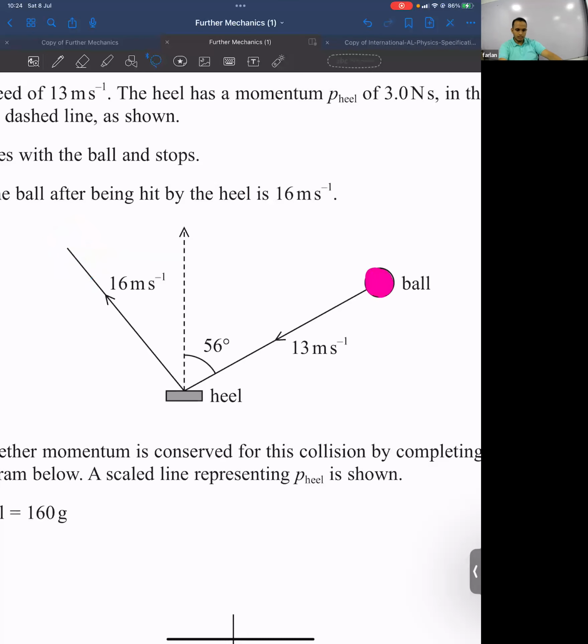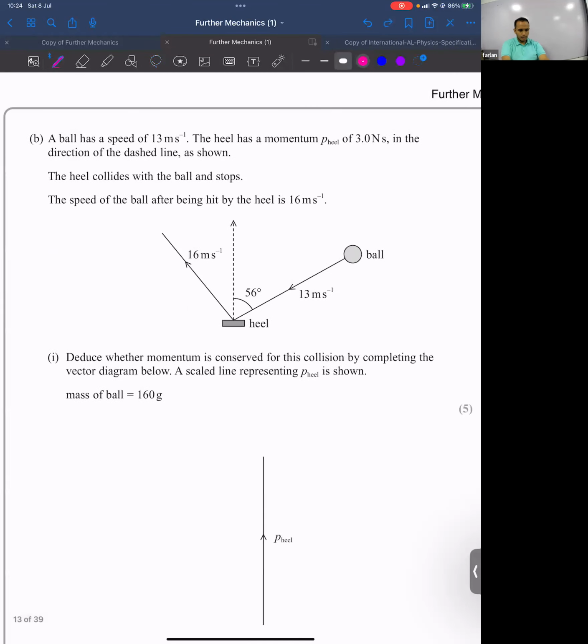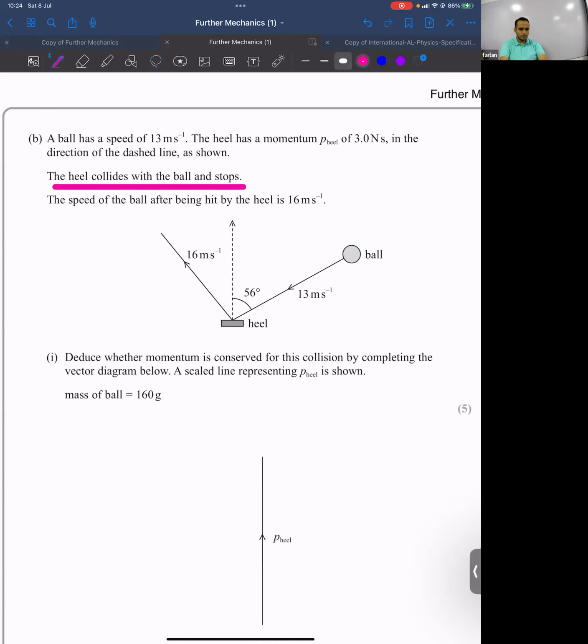So in which direction did you move the heel? The heel moved in this direction. The ball is coming this way, you move the heel this way. That's what happened. So right after you hit the ball, the heel stops. The heel collides with the ball and stops.